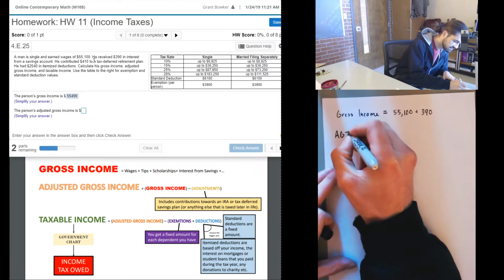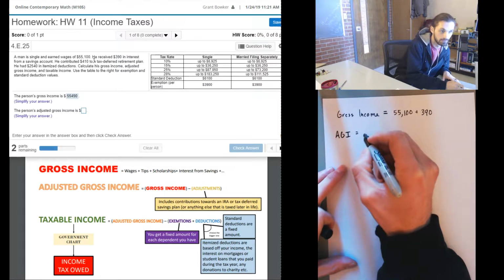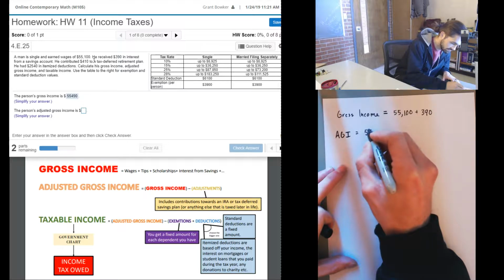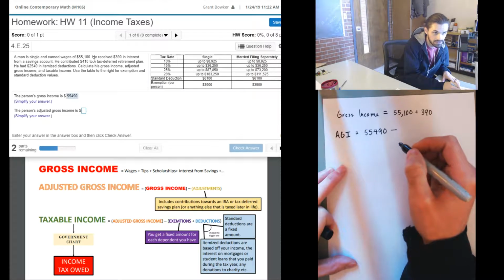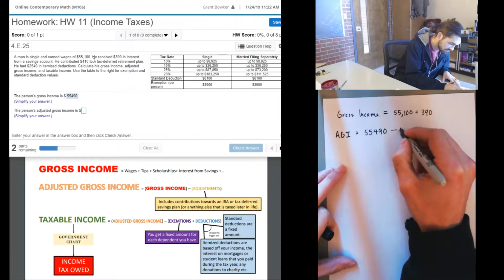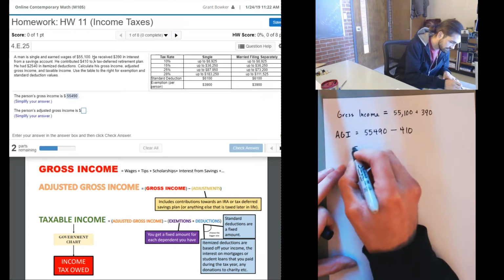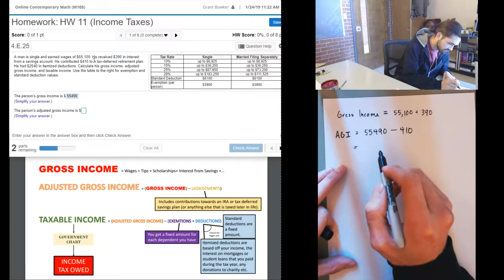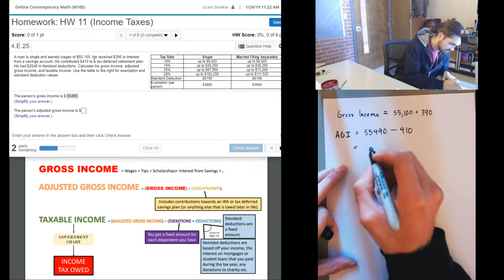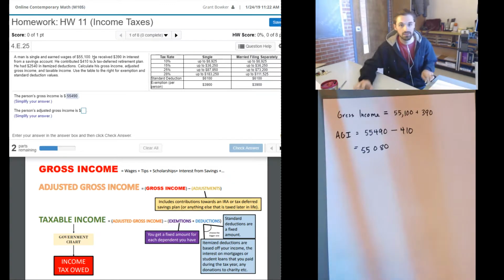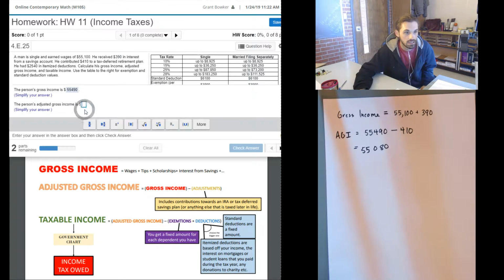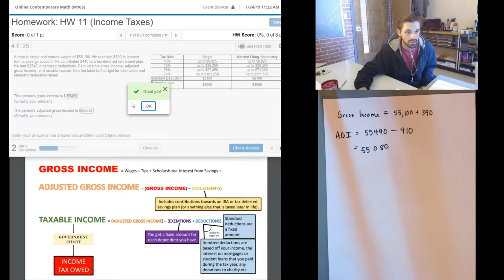Adjusted gross income is our gross income, $55,490, and we're going to subtract off his contribution to the tax-deferred retirement plan, which is $410. 55, take away the 4, leaves me with 9, take away the 10, leaves me with 80. So it looks like $55,080. Moment of truth. Hey.